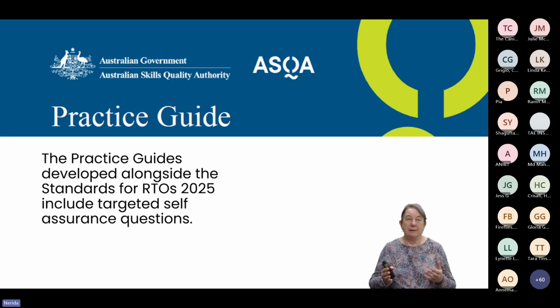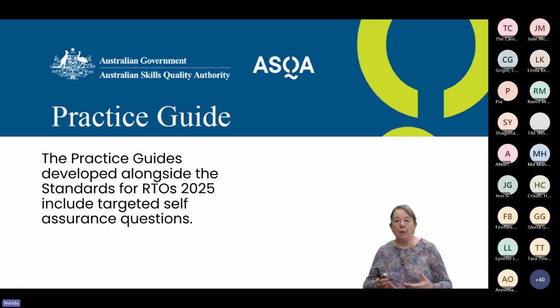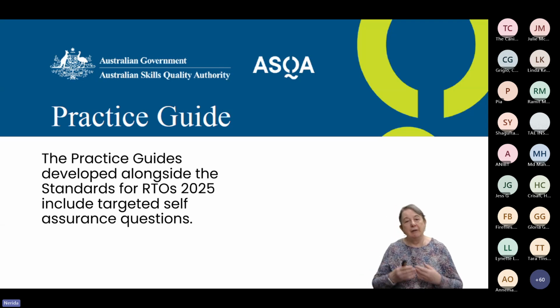Now, let's be upfront here. They're not a full list of every activity or risk. And we don't have to do all of those activities that are listed there to be able to show compliance. They're a guide that shows what we should consider within the context, the size and the scale of our student cohorts and of our RTO's operations.